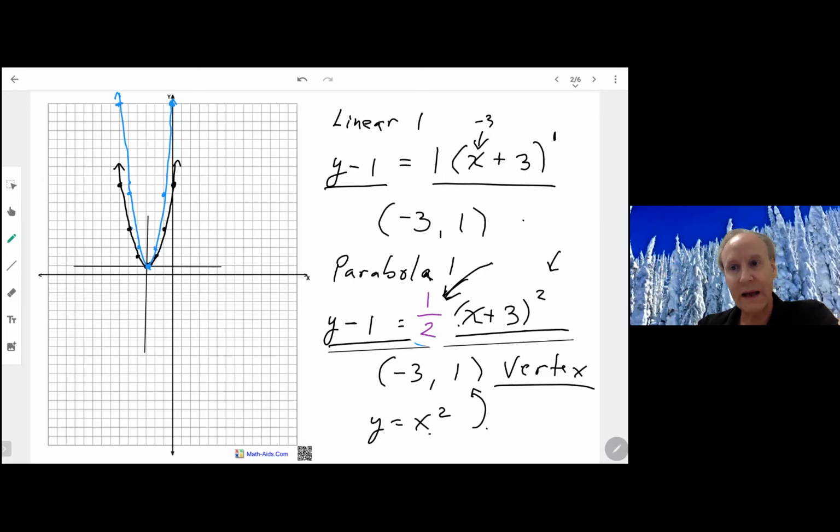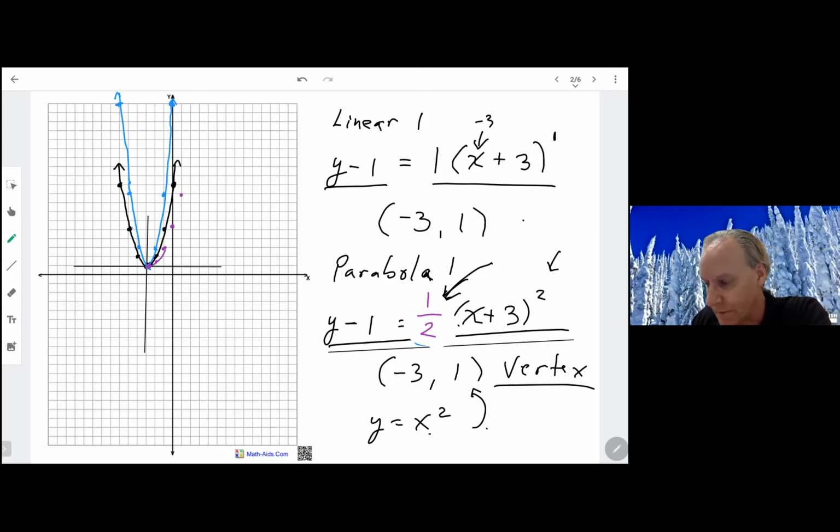And here's what happens. Instead of going to 3, 9, it's now half as tall, which is 4.5. So it's going to go to right there. So that point that's at 3, 9 is going to be half as high. And that point that was at 2, 4 is going to be at 2, 2. And that point that was at 1, 1 is now at 1, 1/2. And the 0 is still 0. I could do another one, I guess, the 16, and it would be down here at 8.